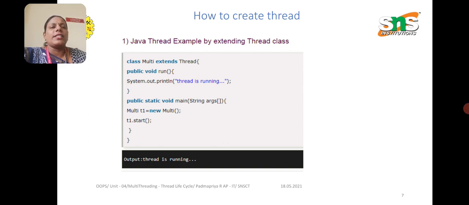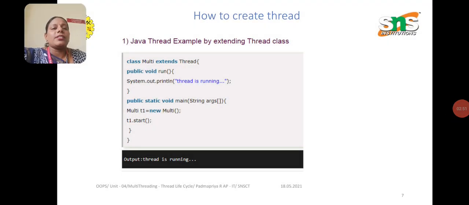Here is a Java thread example by extending the Thread class. We use the method public void run(), and the class Multi extends Thread; the extends keyword represents the Thread class. So, class Multi extends Thread.